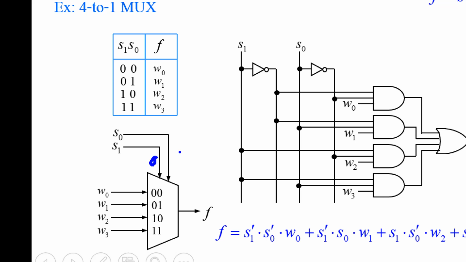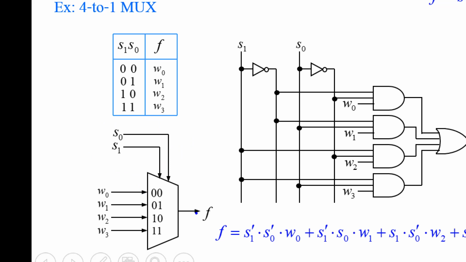If it is 01, the input at this position will go to the output. When it is 10, W2 at 10 position goes to the output, and 11, this input will go to the output. To select, you just apply the value of the address to select the input that you want to go to the output.